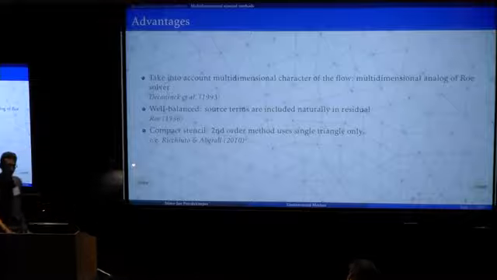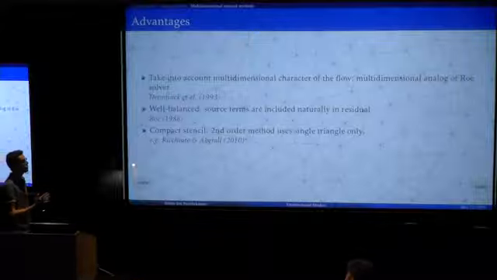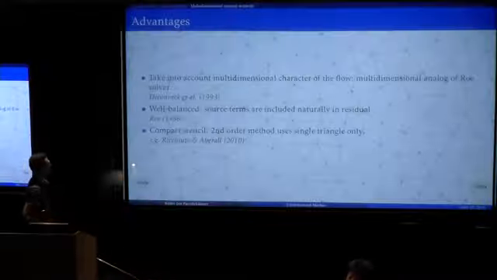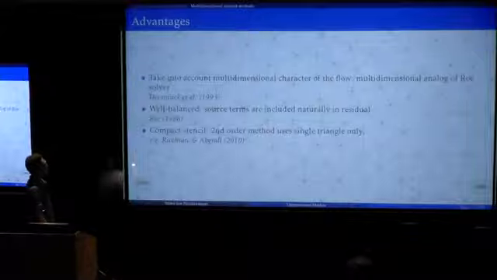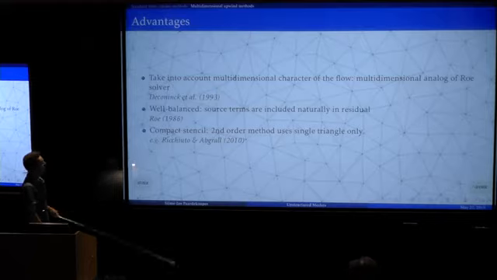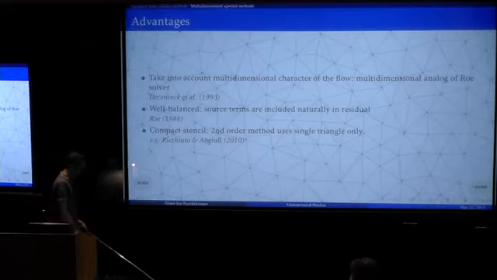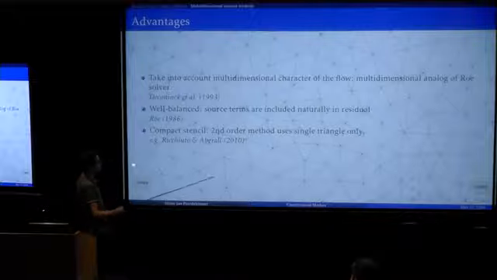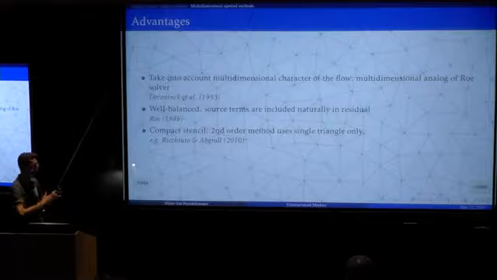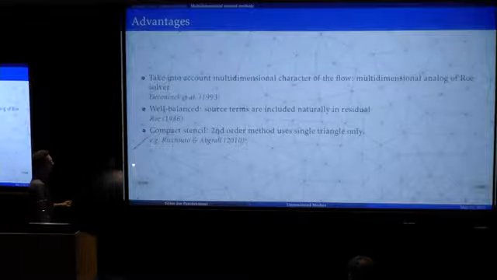That's a bigger thing than you might think, because many Riemann solver-based codes cannot do that. They will show some evolution away from a hydrostatic equilibrium. Very important for parallelization, the stencil of these methods is very small. So for a second order method, you only need a single triangle. So that's very good for parallelization.